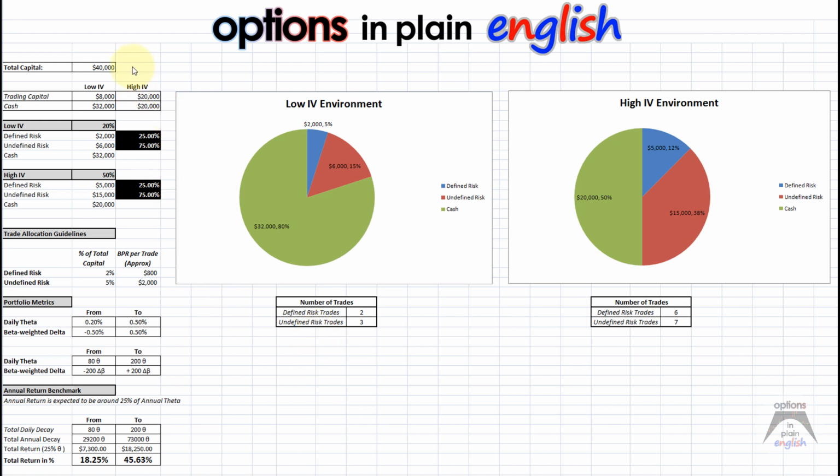So if we have a total capital of 40,000, we're going to divide it between cash and trading capital. If we have low IV, so unfavorable market conditions, we're going to allocate only $8,000 to trading, and 32,000 we're going to keep in cash. And if those conditions are favorable, then we're going to allocate half and half. So 20,000 to trades and 20,000 to cash.